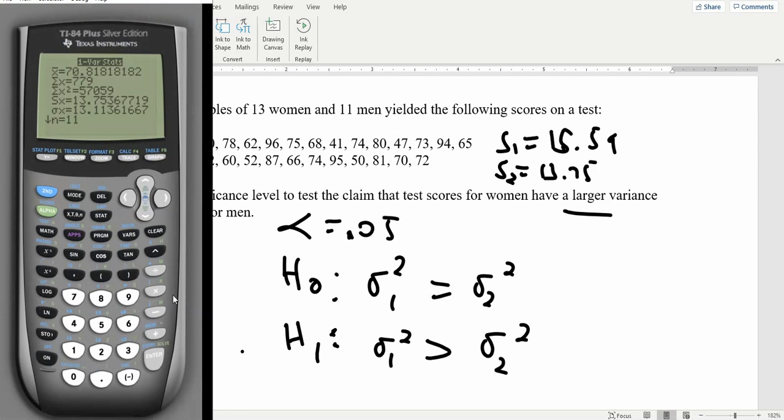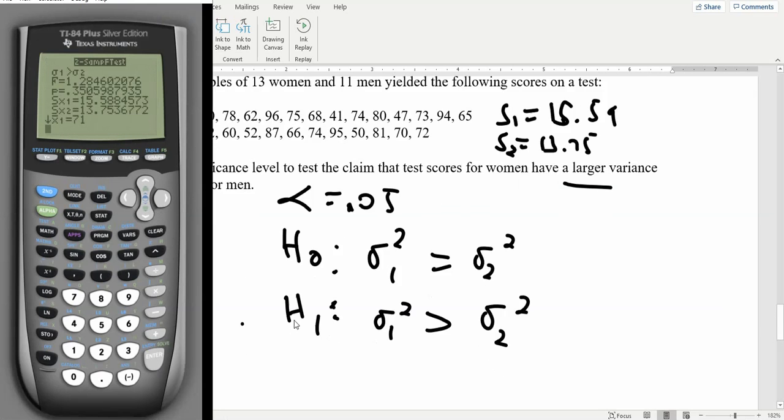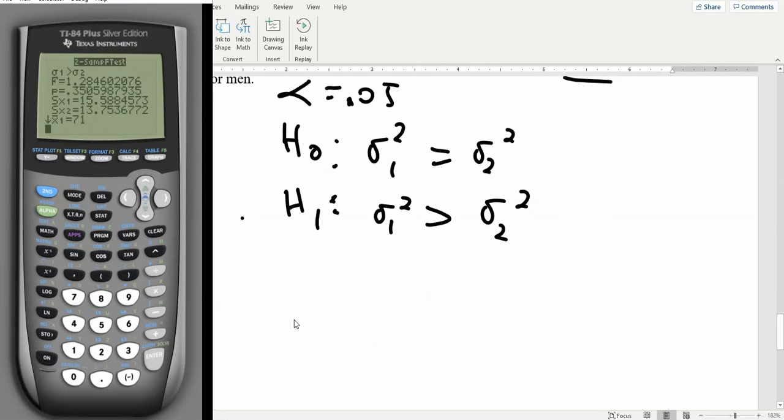Now let's go in here and go to stat, test, go up to F test. This time I'm going to do data and keep those like they are. This is a greater than. Let me highlight that. Enter. And so I have an F stat.